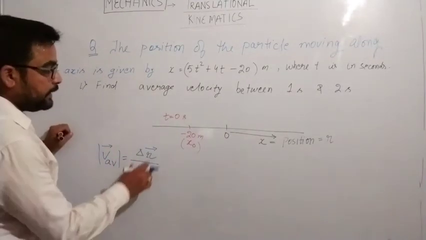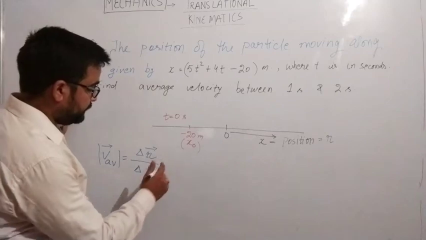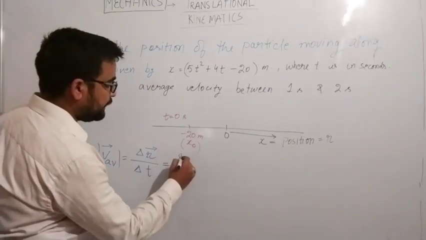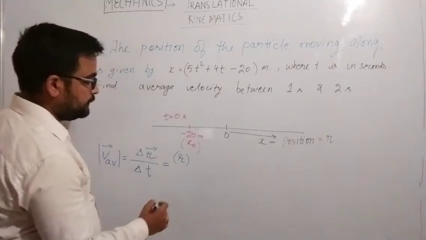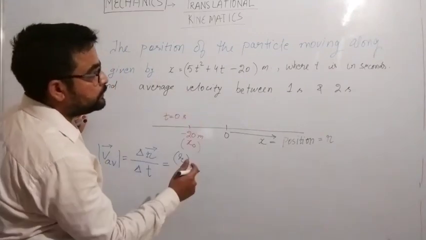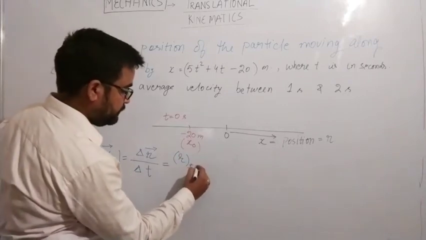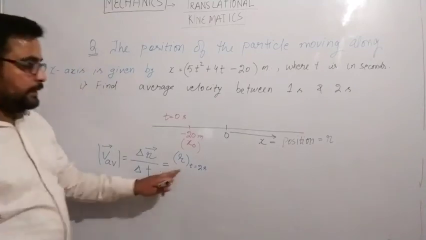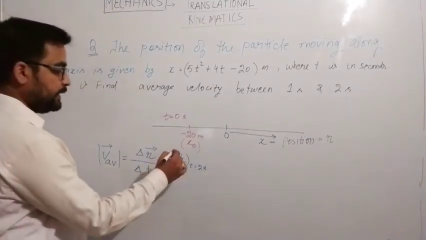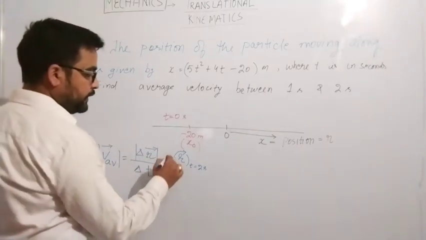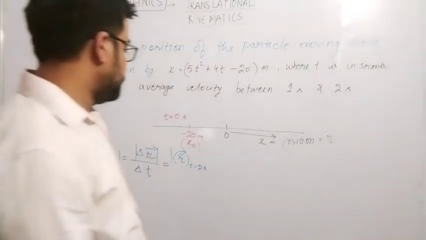So delta r is actually what? Delta r is final position minus initial position, and we can put the bar because we are talking about only magnitude.